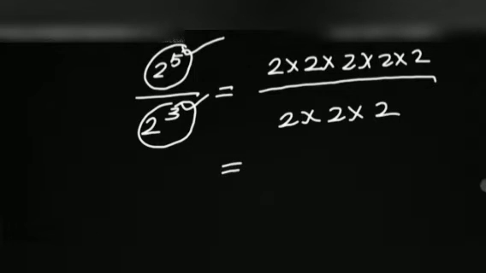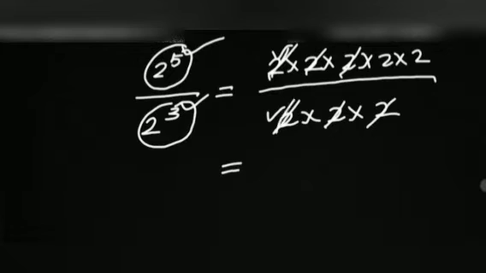While learning the division of integers, we have learned that if the same numbers are there in the numerator and denominator, we can cancel them. So here we have a 2 and here also we have a 2. These 2s get cancelled, isn't it?